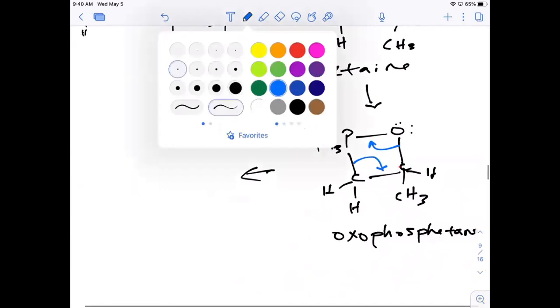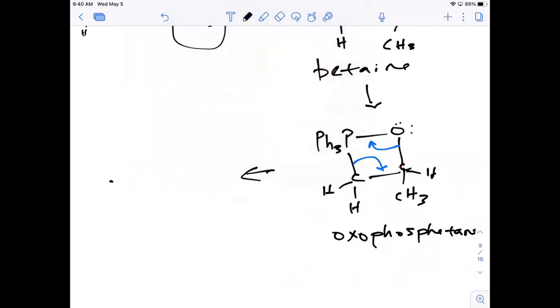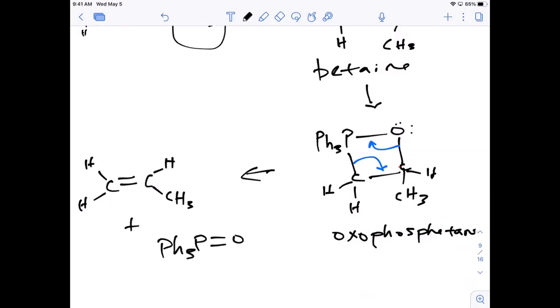So you're going to end up with this. I'm writing it out in Lewis form so we can keep track of all the atoms. So you end up with that and this, plus the phosphine oxide.